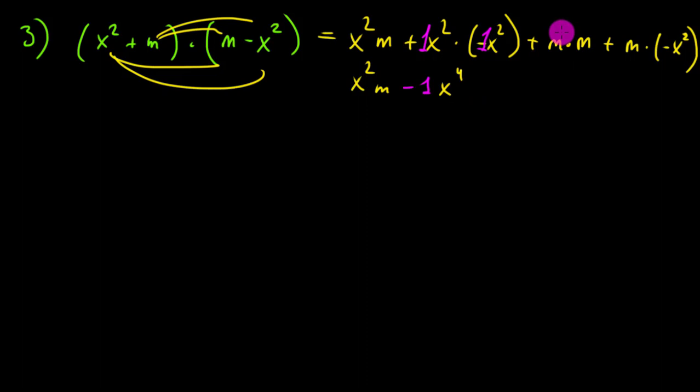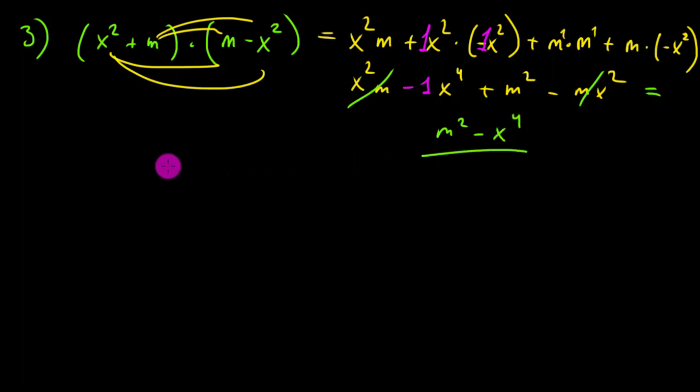And then here you have 1, here 1, you multiply them, it will be plus m squared, and then here you have minus m x squared. It means that these two are cancelled, and you get m squared minus x to the power of 4. Okay, this is your answer.